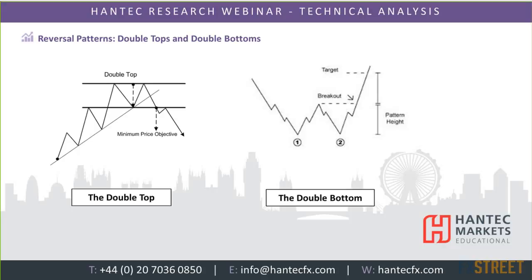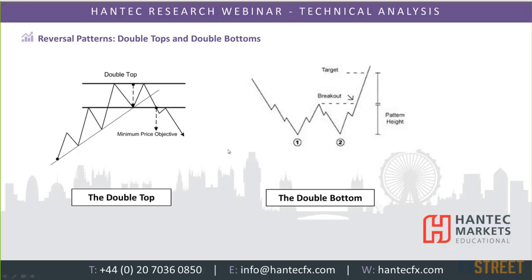For example, if you've got a support in place and that gets broken to the downside, that will subsequently become your resistance, because anyone who's bought in at that support, which has subsequently been broken, if they see a pullback towards that support, will use that as an opportunity to close that position flat. That is why you often get pullbacks, and I'll show you quite a few pullbacks in my chart examples in a minute.